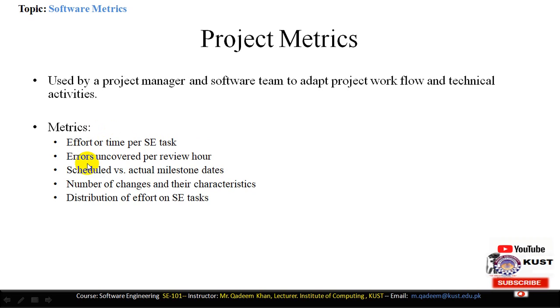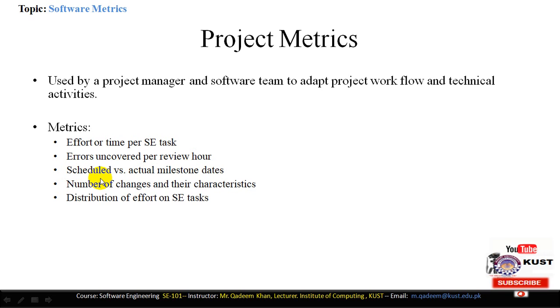So what is the efficiency of uncovering or identifying the errors? Here, this is the metric which finds out the errors per review hour. For example, in 1 hour of review, how many errors have been identified? Schedule versus actual milestone dates.